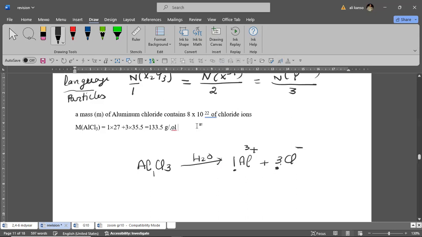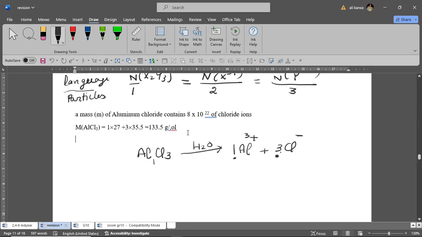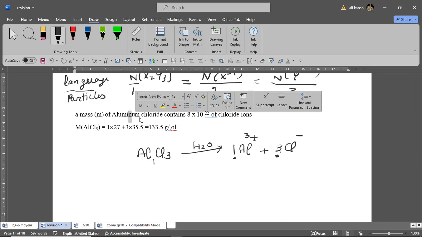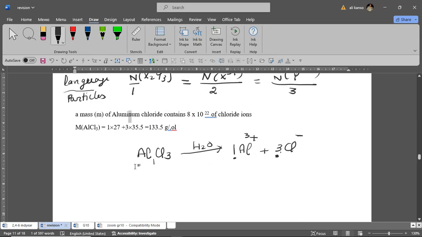Here we have aluminum chloride. This is the equation of ionization. Is there a relation between chloride and formula unit? This is a formula unit, the aluminum chloride. Yes, we have a relation. How can we write the relation?